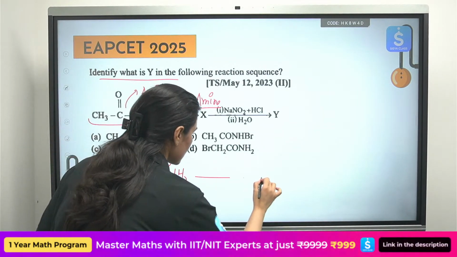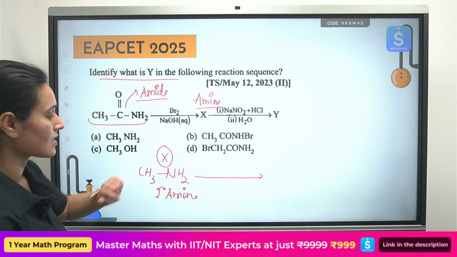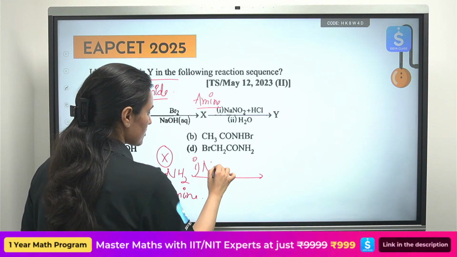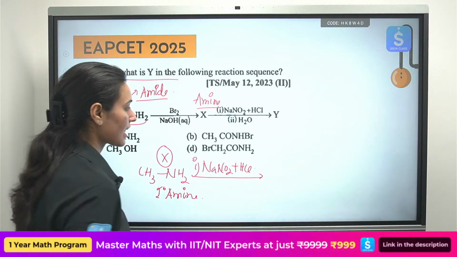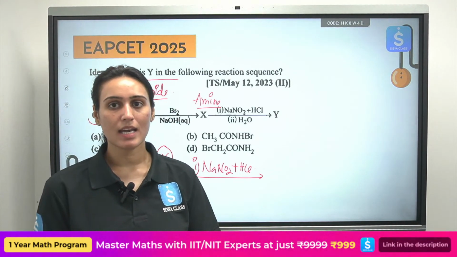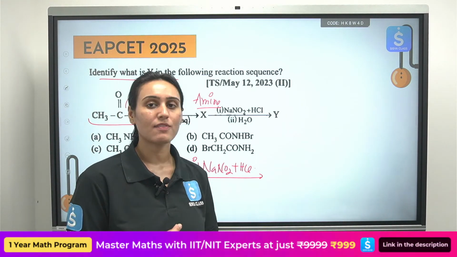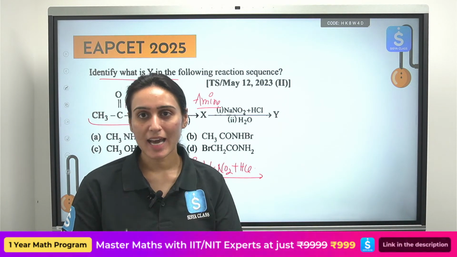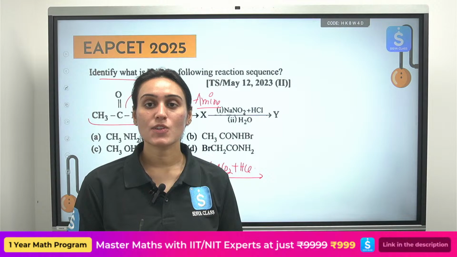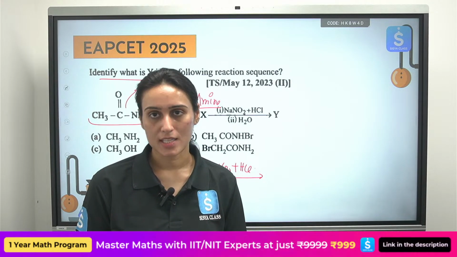Now what are we doing next? We are doing diazotization. You have seen this also. So we will get diazonium salt from here. Yes, and the diazonium salt that you prepare from 1 degree aliphatic amine, you also know that it is highly unstable. So it decomposes to give you alcohol. Okay.